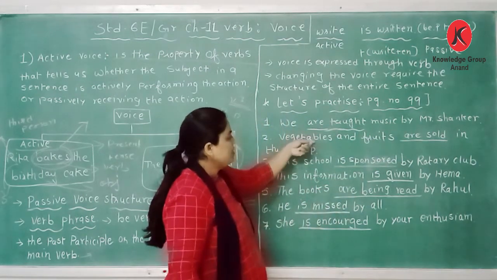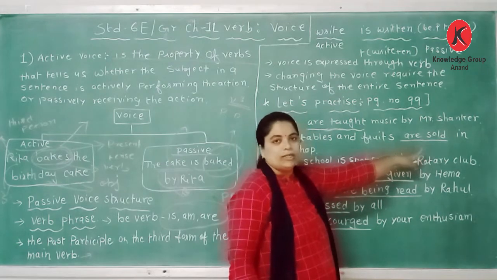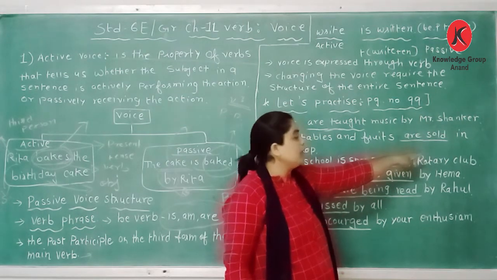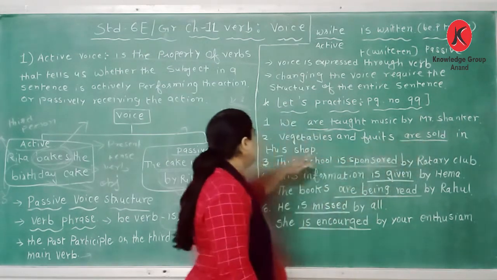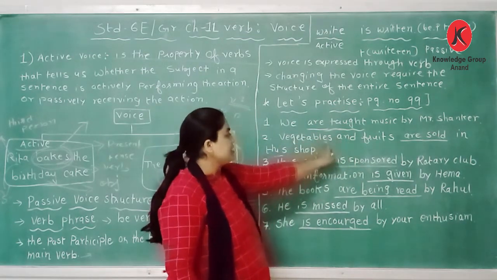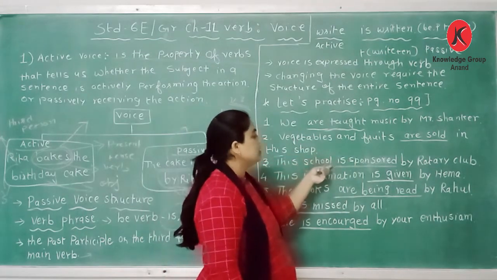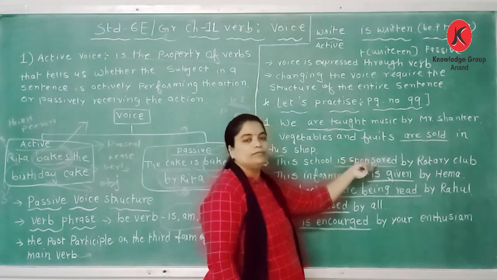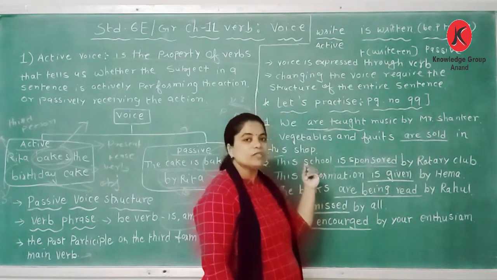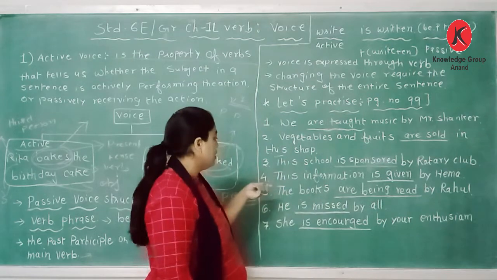Vegetables and fruits are sold in this shop. Sold is the third form of the verb, and it is are because the vegetables and fruits are plural. The school is sponsored. Here we are speaking about the singular form, so is sponsored by Rotary Club.